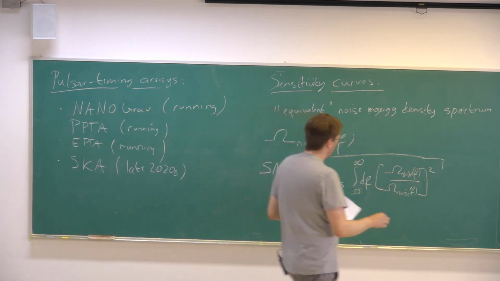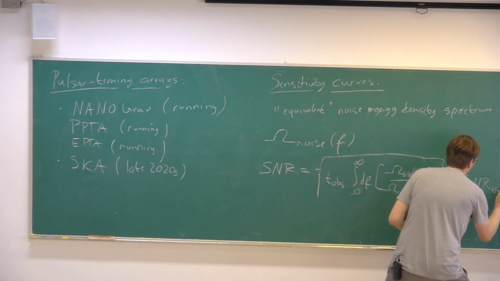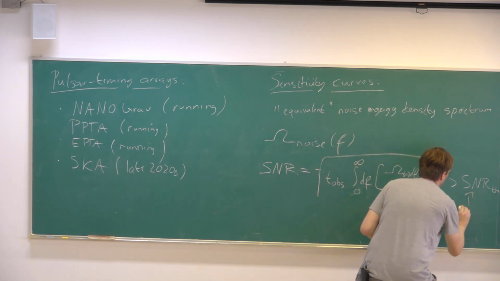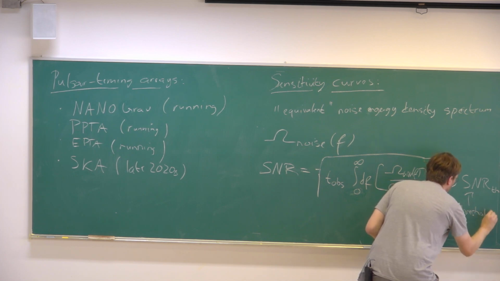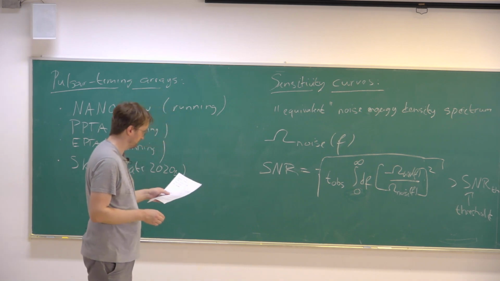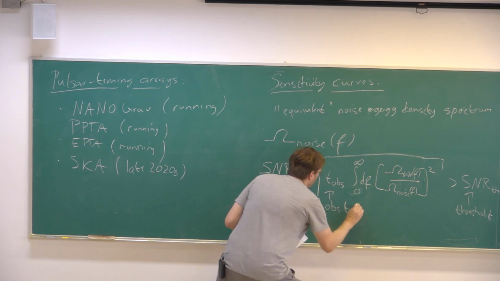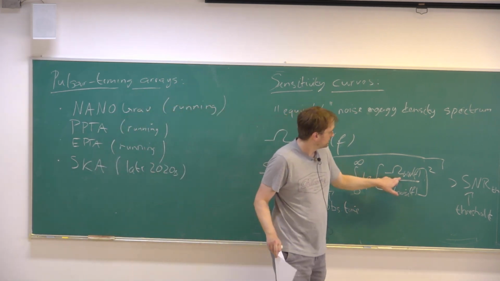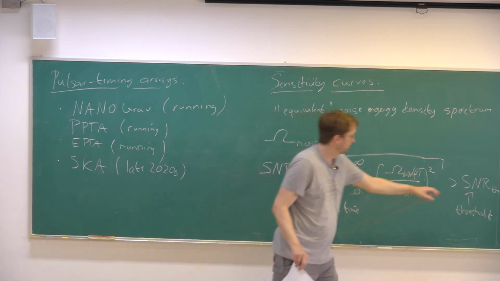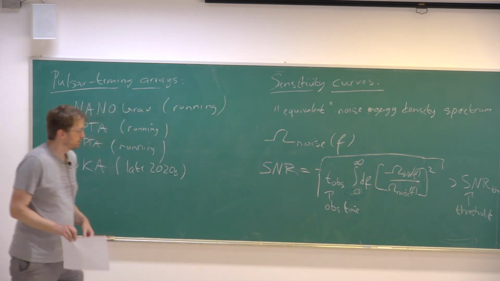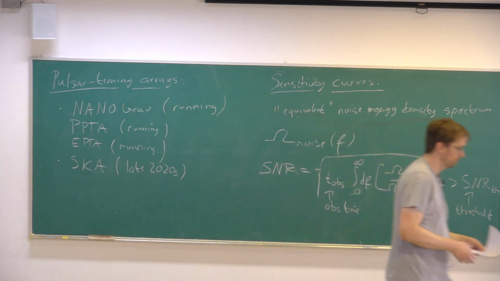And then this has to be larger than some kind of threshold, which you get from the experiments, a number between 1 and 10 roughly. So you take your noise spectrum and calculate this quantity, and if it's larger than the threshold, then you know that your signal has a chance at least of being detectable compared to the noise.